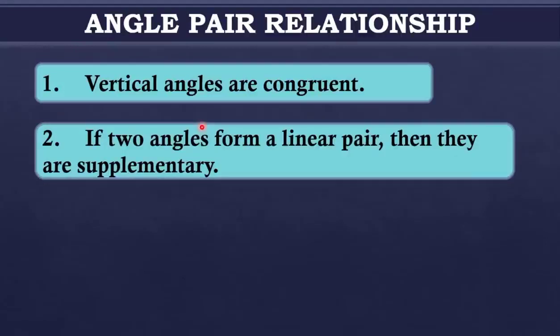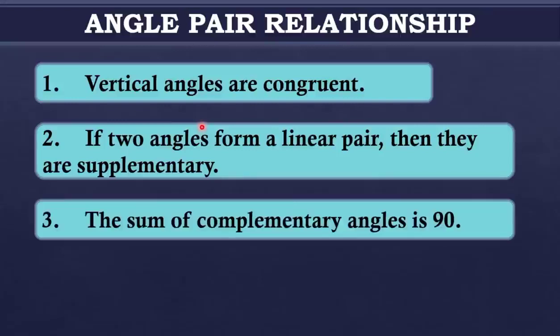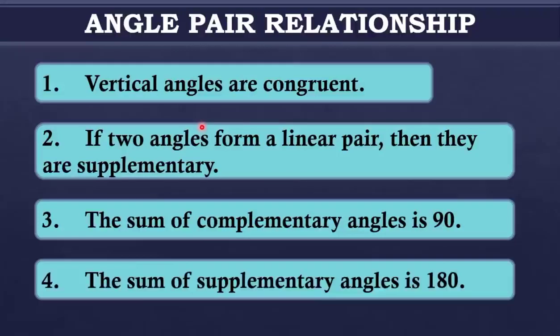If two angles form a linear pair, then they are supplementary. So, in-apply rin natin to kanina dun sa may supplementary angles na if two angles form a linear pair, then they are supplementary and the sum is 180. Okay? Next, the sum of complementary angles is 90 and the sum of supplementary angles is 180.